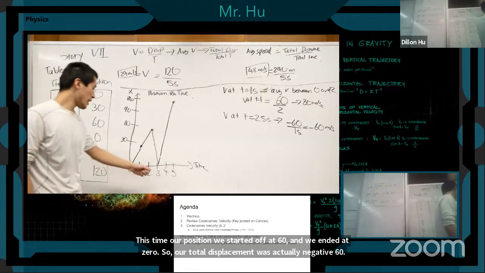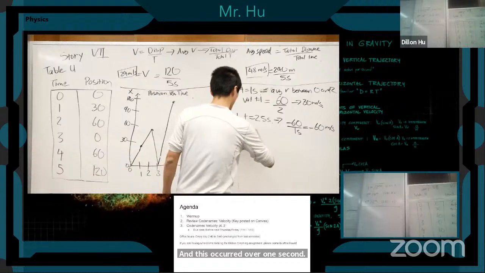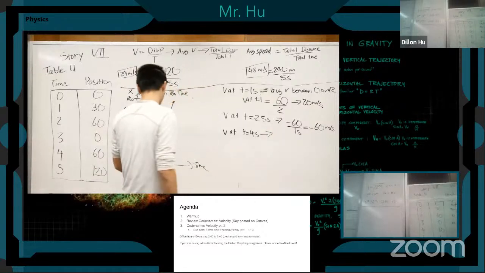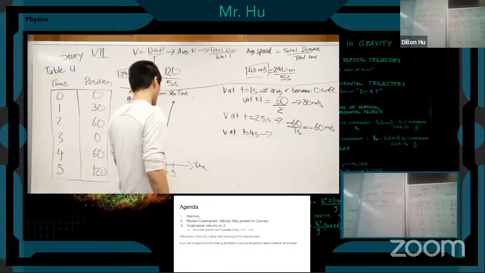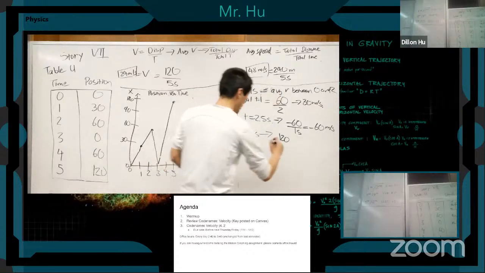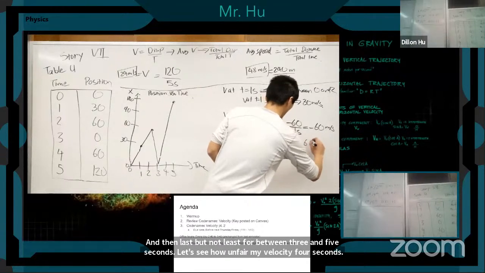Last but not least, for between 3 and 5 seconds, say I want my velocity at 4 seconds. My initial position was 0 and my final position was 120, so my displacement was 120, and this occurred over 2 seconds. So my average velocity was 60 meters per second.